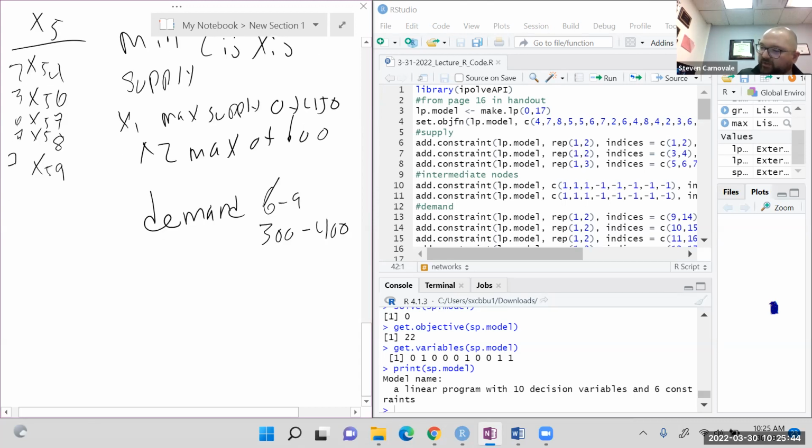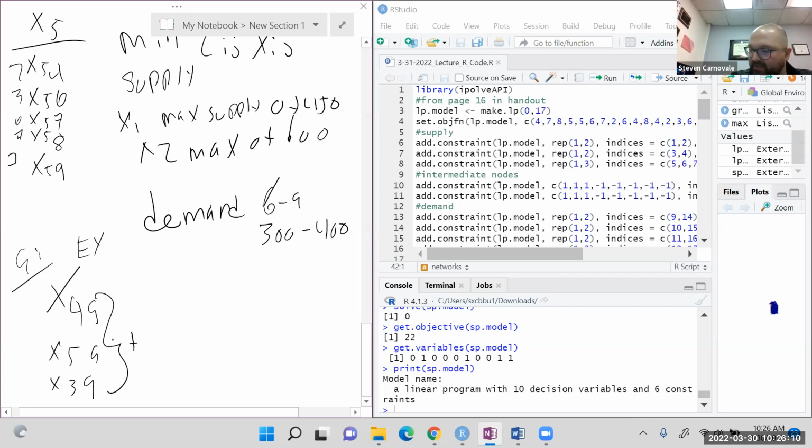So each of them, for example, if we look at just 9, demand point 9, what we've got there inbound is we've got X4, 9. 4 goes directly into 9. We've got X5, 9. And we've got X3, 9. Together, taking the summation of all of these go into X9, and therefore that total sum has to be greater than or equal to 400, right?